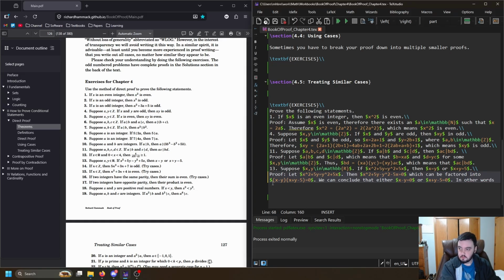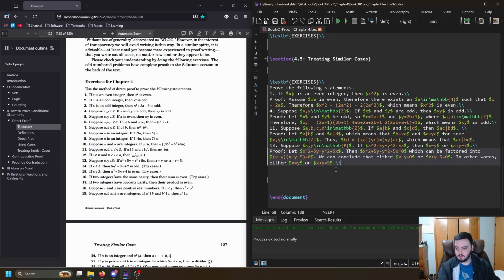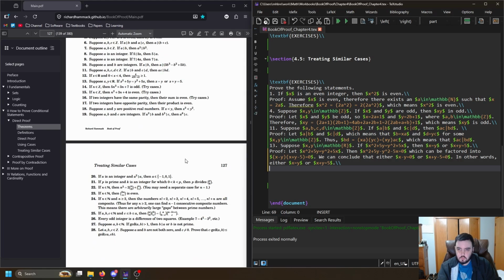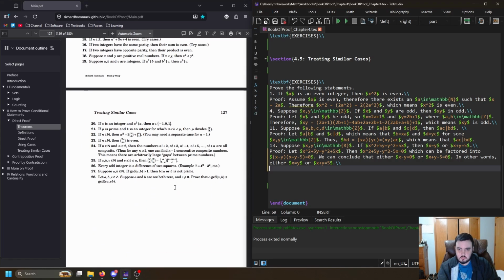In other words, either x equals y or x plus y equals 5. Seems like a fine way to end it. Maybe it could be worded a little better, but we got there.